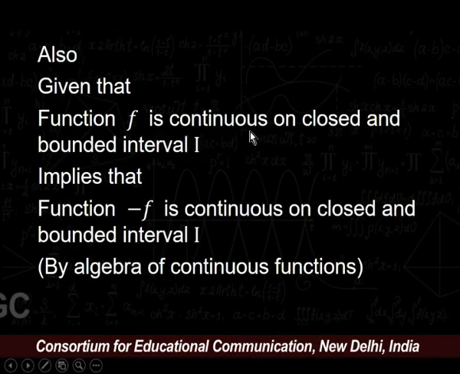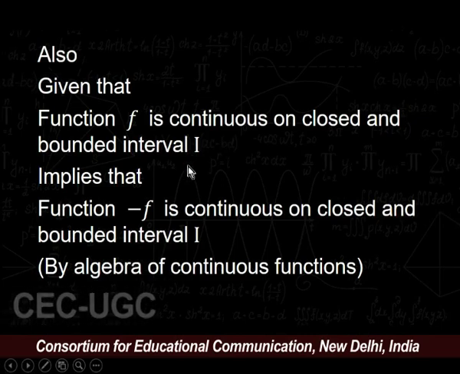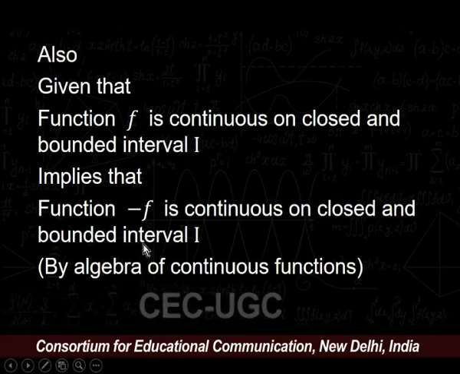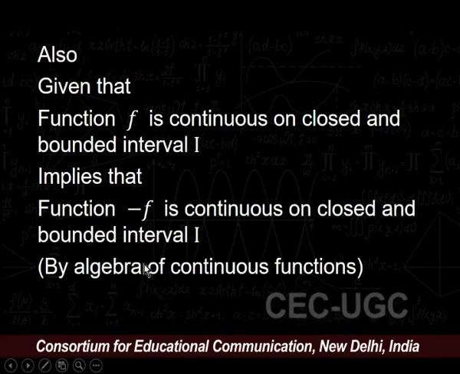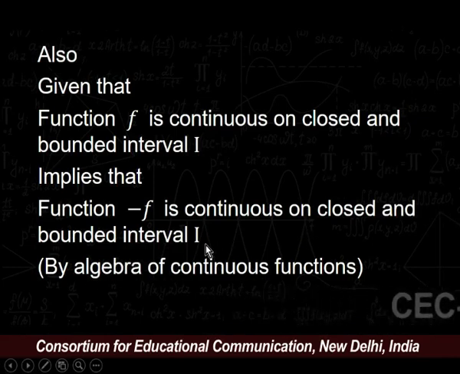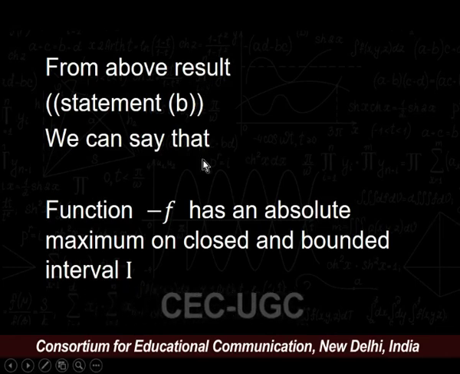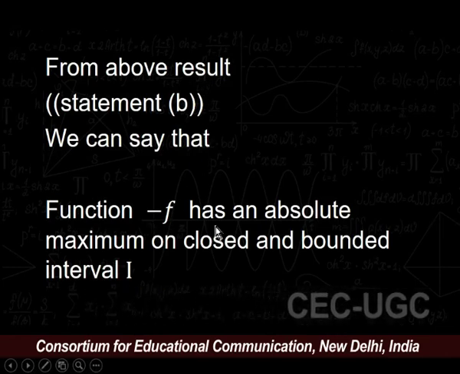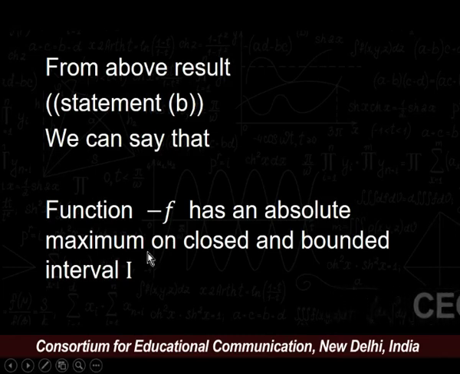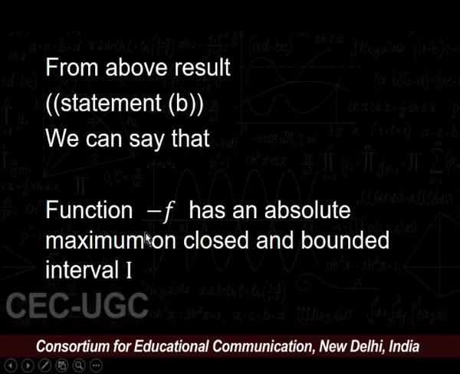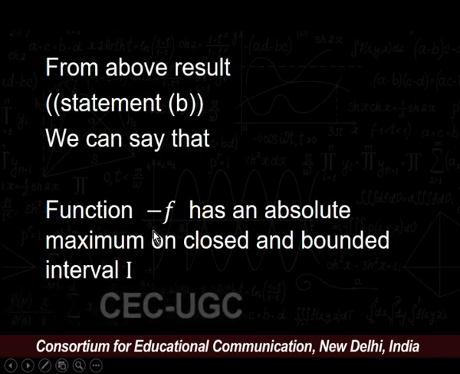Given that the function f is continuous on a closed and bounded interval I, this implies that minus f is also continuous on the closed and bounded interval I by the algebra of continuous functions. From this result, we can say that minus f has an absolute maximum on the closed and bounded interval I, which we discussed earlier in the previous lecture.